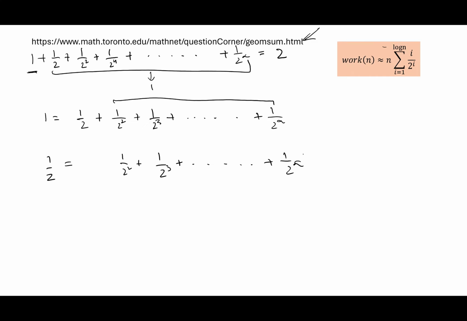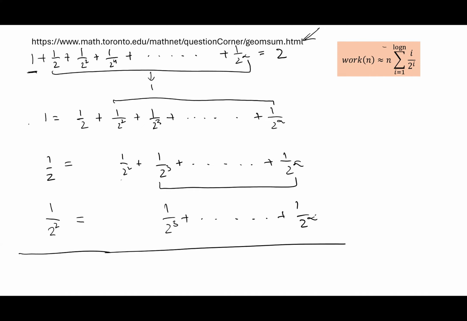Okay, so what about this? Well, there was half. I'm leaving 1/4. So this is going to be 1/4 or this, right? Now let's add all of these things up.